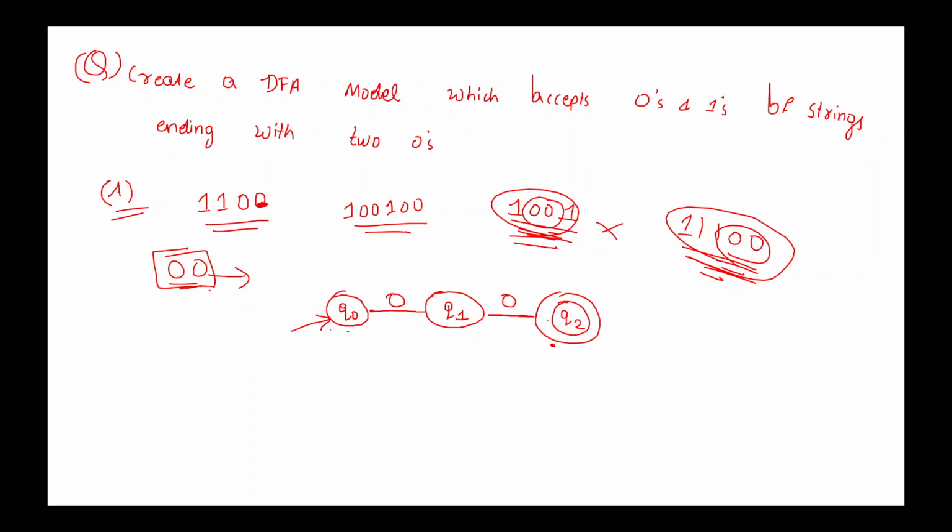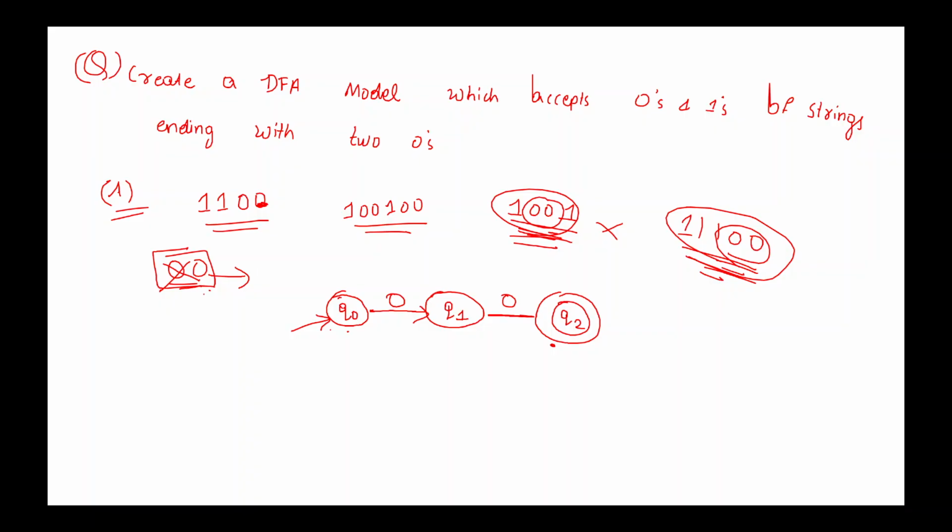What I have said is we have to create a model which should accept strings ending with two zeros. How can I say a string is accepted? When after the completion of the total string, if we are transitioning the states and we end up at the final state, then we say that we have accepted the string. So here we have two zeros. On the first zero, Q0, as the starting state, is the first to receive an input. So Q0 receives a 0 and moves to Q1, right?